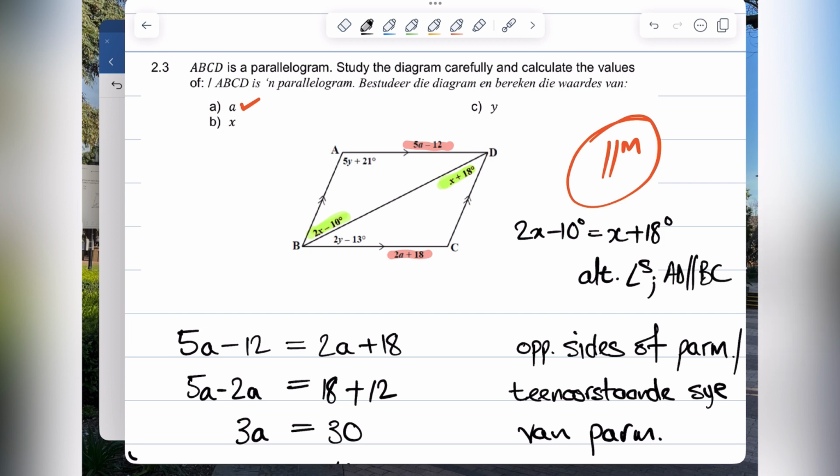In other words, we would use these two parallel lines to associate the equality of those two angles, which is actually incorrect.